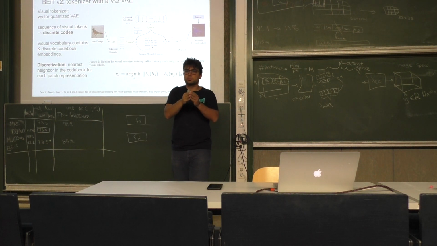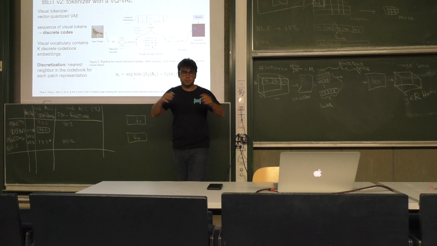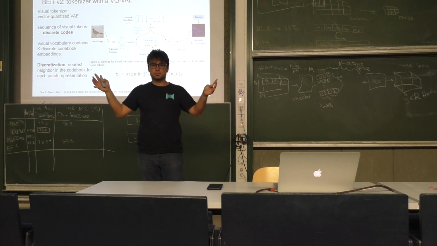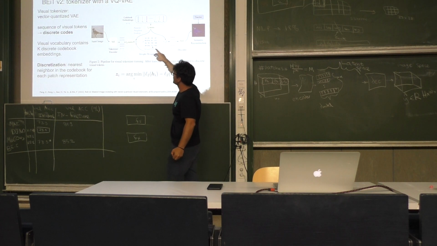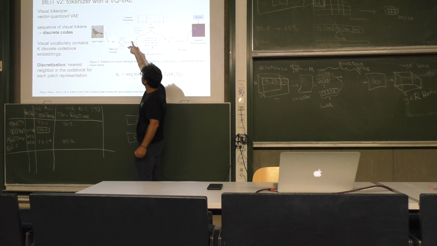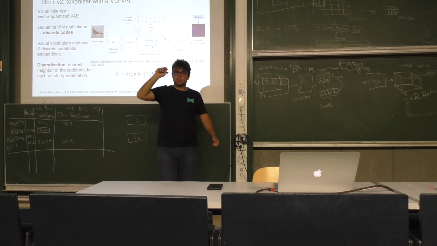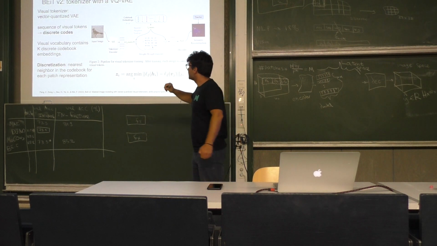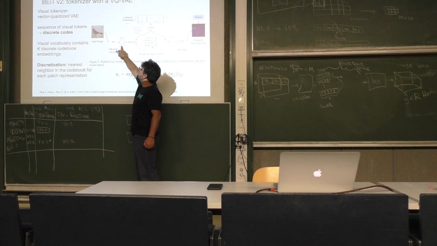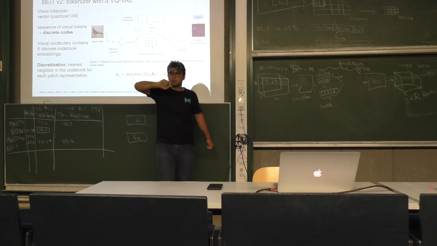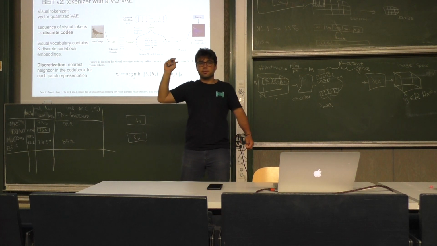So we define some vectors that correspond to, okay, let's simplify. Let's say we have 10,000 codebook classes, and for each class we have a vector of a specific dimension. K here refers to the 10,000, and then for each individual token representation, we find the closest vector.